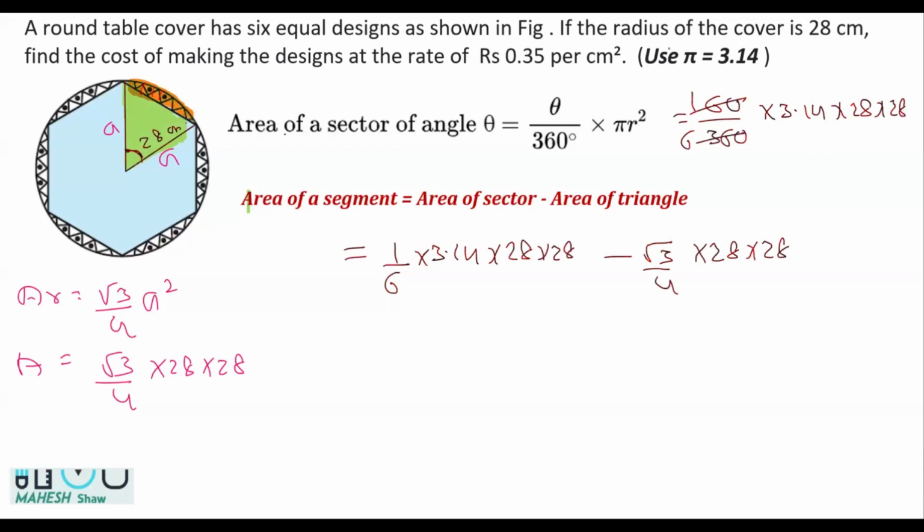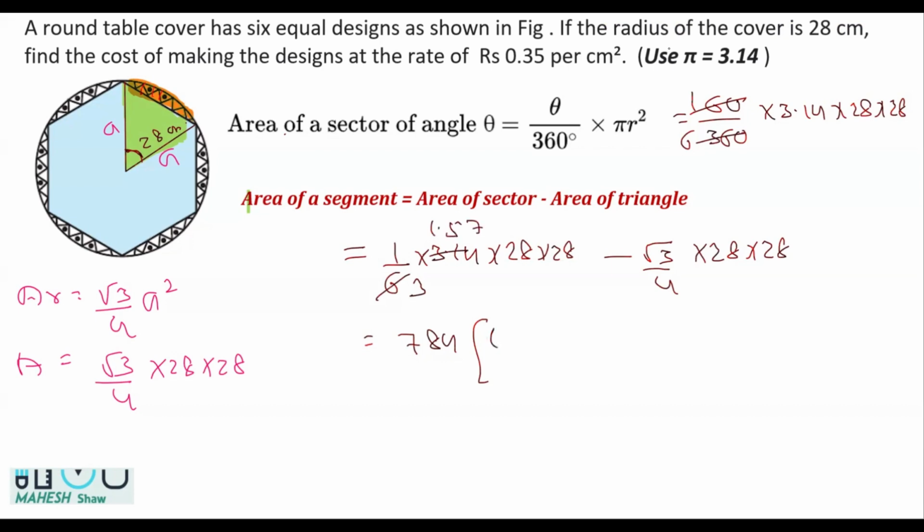Now you can see that we can take 28 common. So 28 square is how much? 784. So I can write this as 784. And if I reduce further inside, this is 1.57.